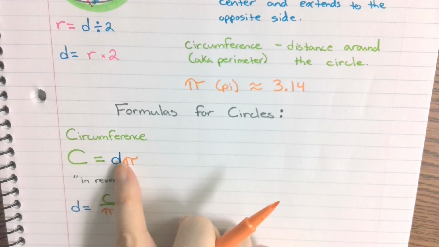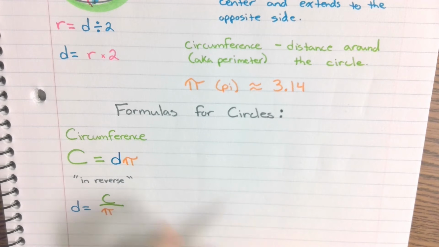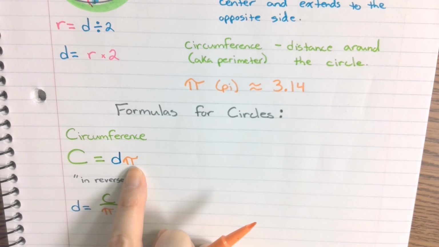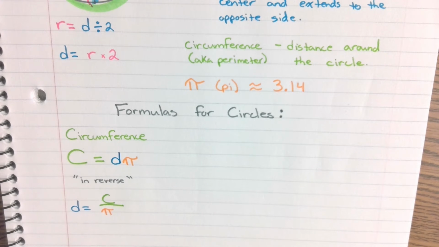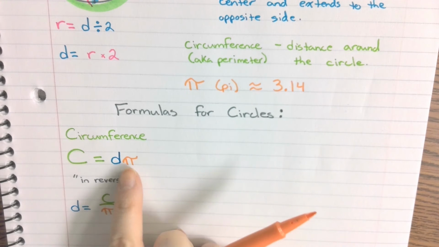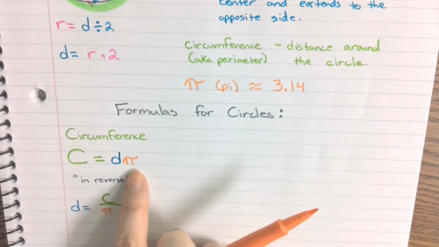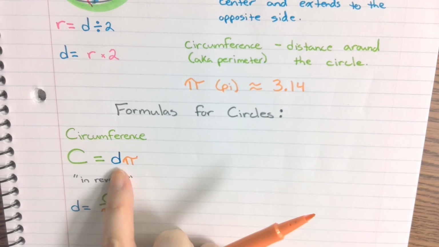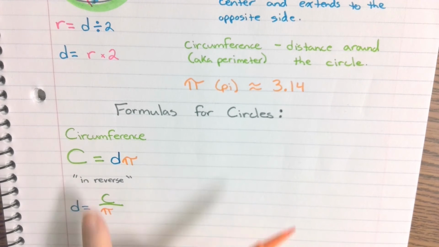Right? Diameter times pi gives you circumference. If I divide circumference by pi, I'm left with diameter by itself. It's just basic equations. Pi is a number. So to do the inverse operation of multiplication, you would divide. So circumference divided by that pi value will equal your diameter.